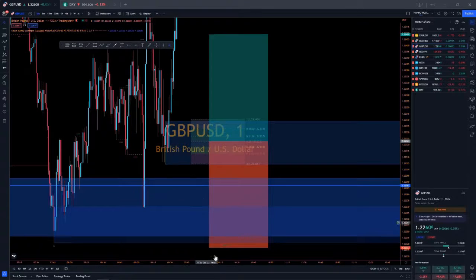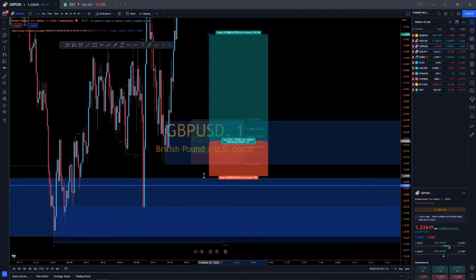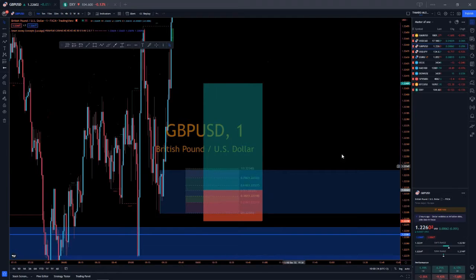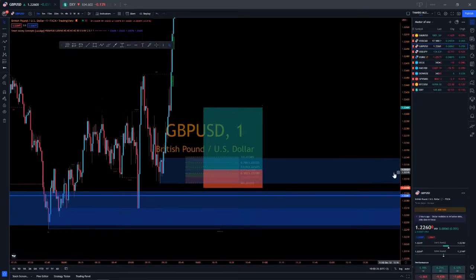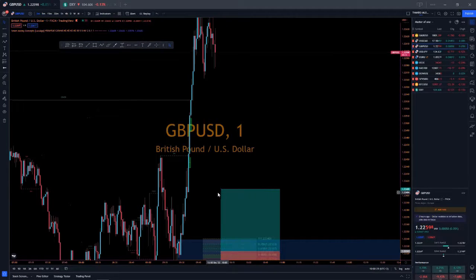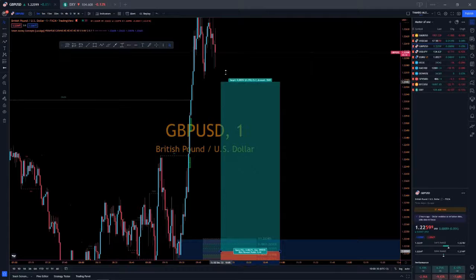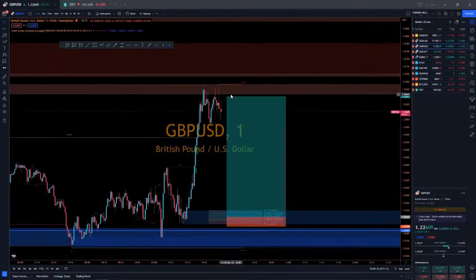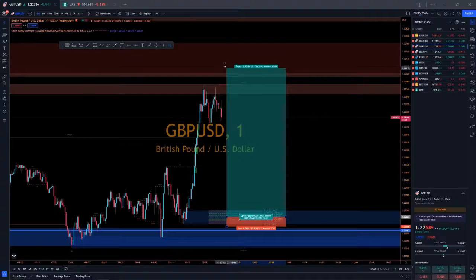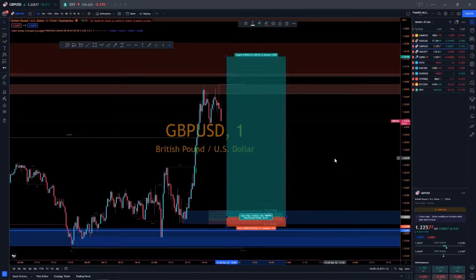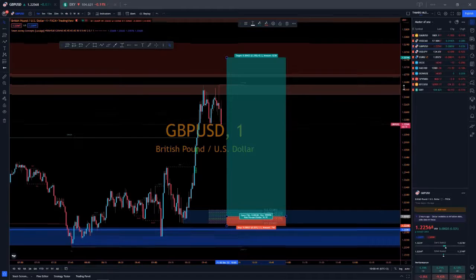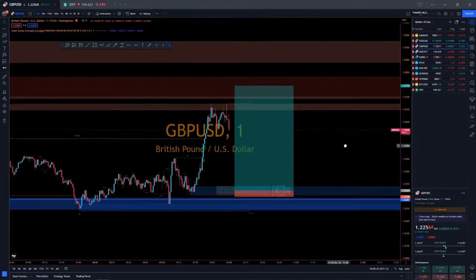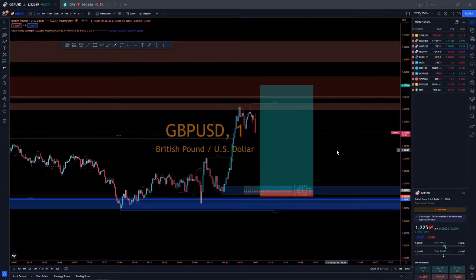On the 50% mark, because this is an area, I would rather have a 2 pip stop loss than a 5 pip stop loss, because price might actually run through that area and we're going way above those highs over there. Our take profit will be somewhere there at 42 pips.